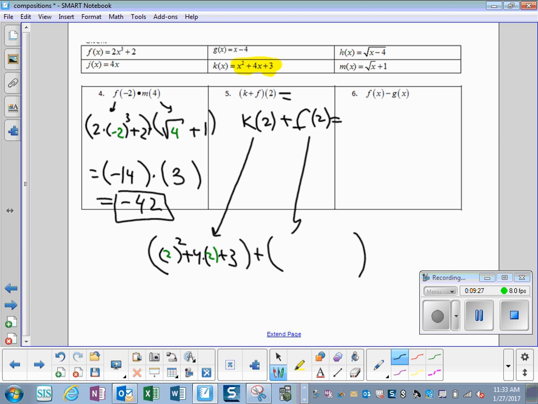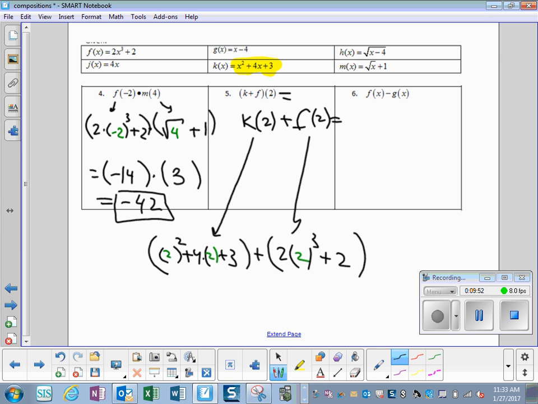Right? That's my k of 2. Plus f of 2. So now I need to look up what my function f of x is. It's right here. 2x cubed plus 2. So 2 times 2 cubed, and then plus 2.